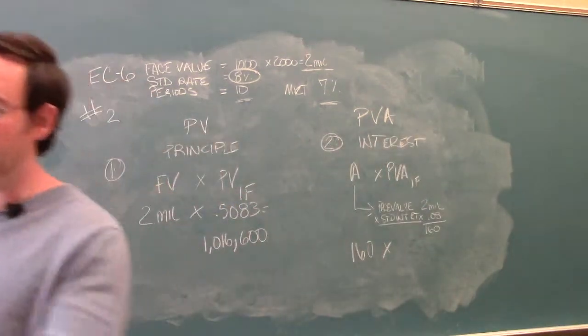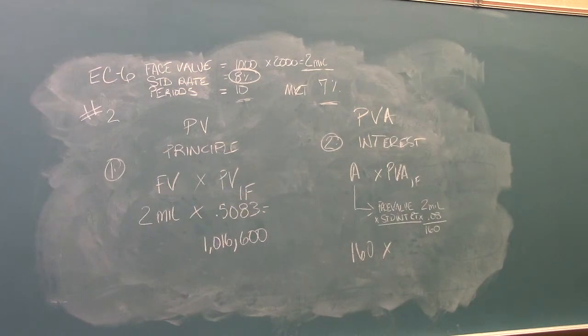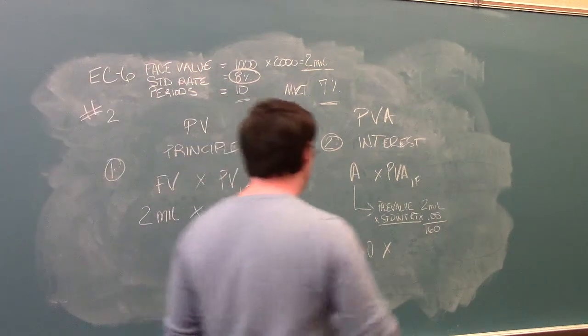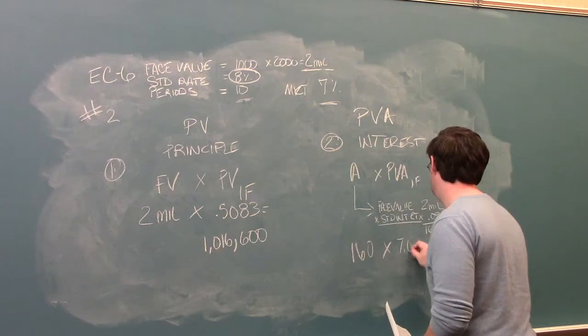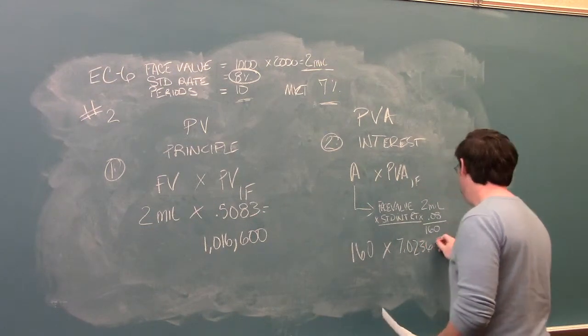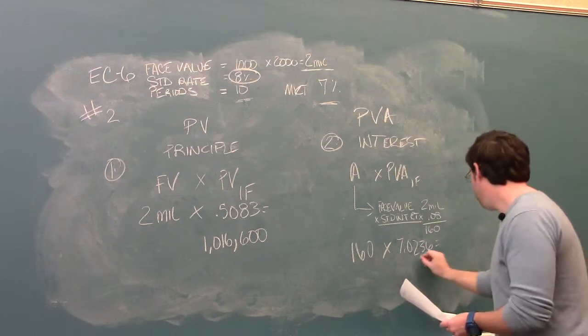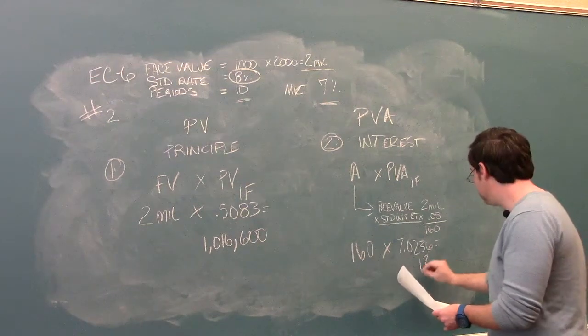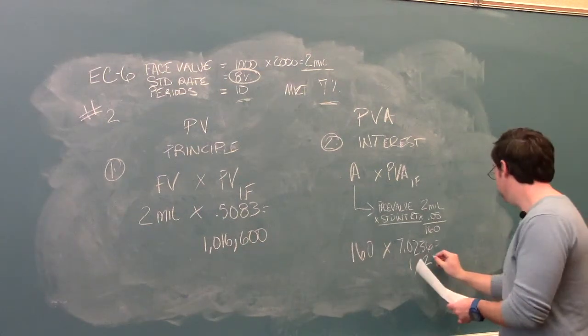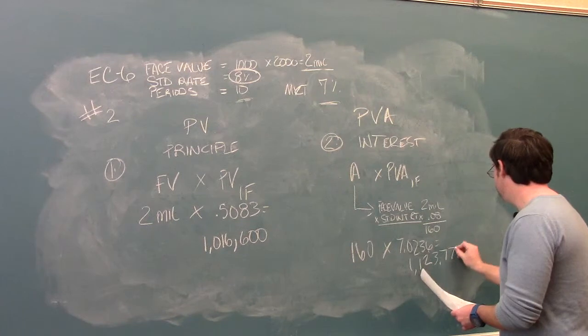So flip over one page to C17, or table C4, using that present value factor at 10 periods and now 7%, we get 7.0236. When we multiply that out, we get 1,123,776.